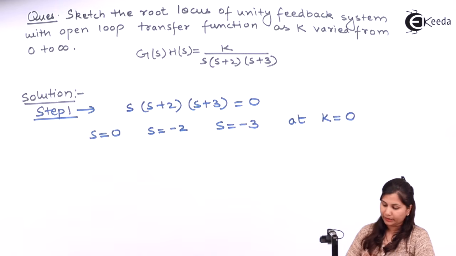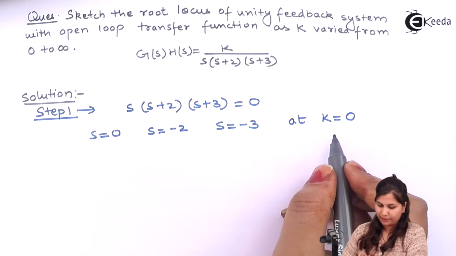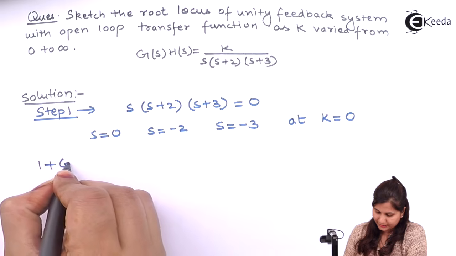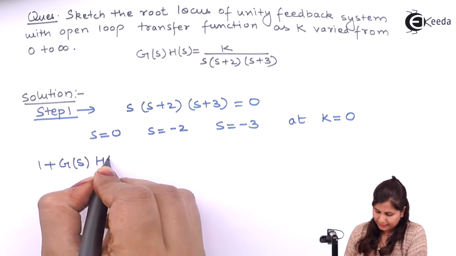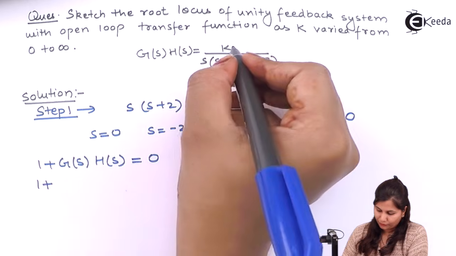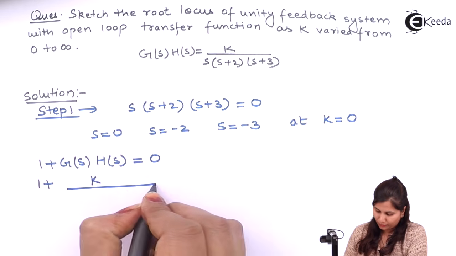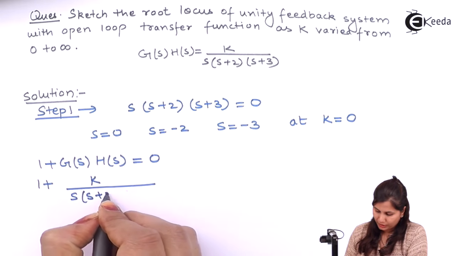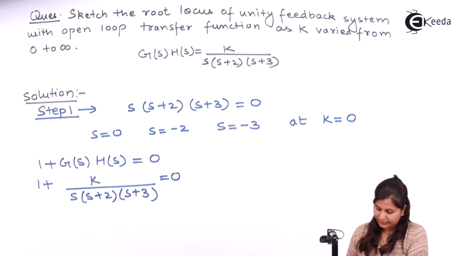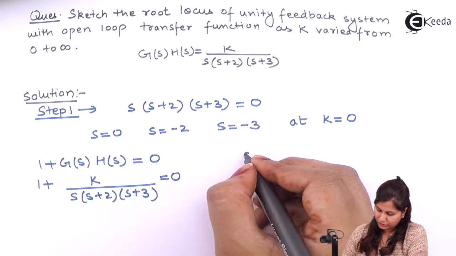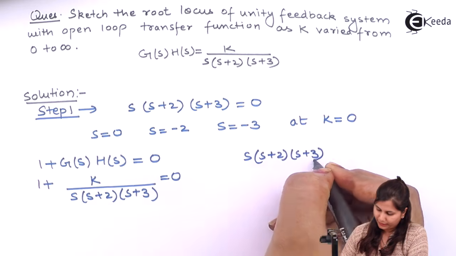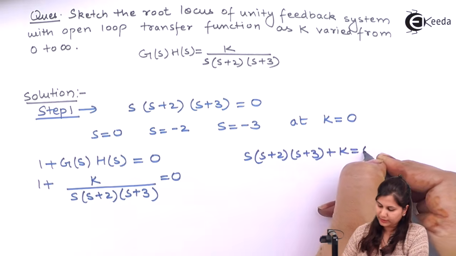How are we getting the roots? We put it into the equation 1 plus G(s)H(s) equals 0, that is the characteristic equation. Putting the value of G(s)H(s), 1 plus K upon s(s+2)(s+3) equals 0, we get s(s+2)(s+3) plus K equals 0.